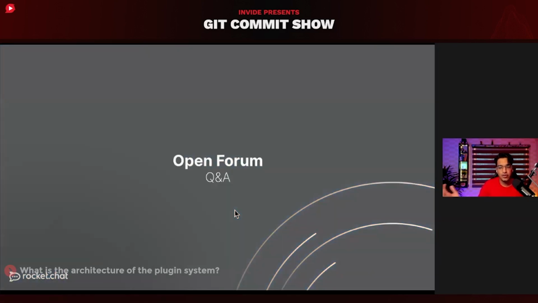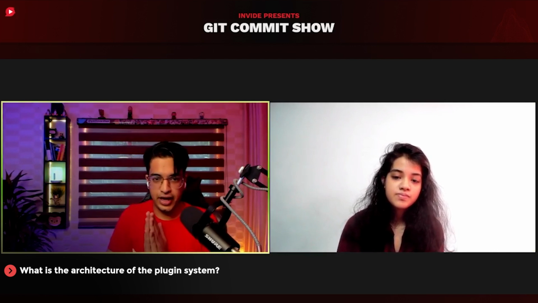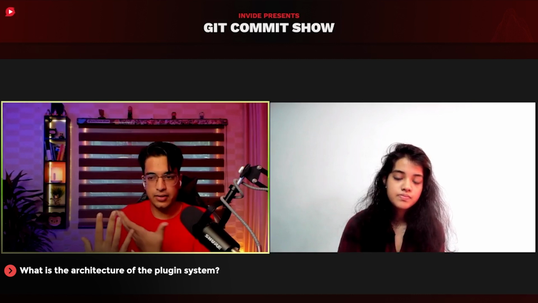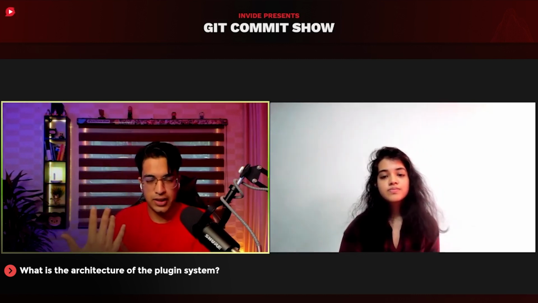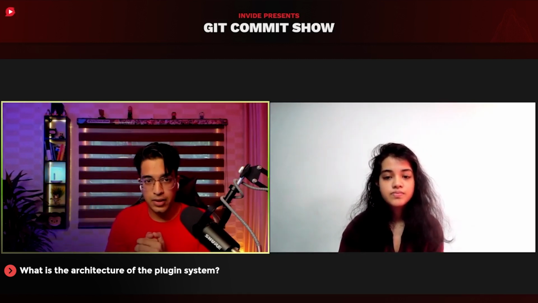Moving on to question and answers over here. Folks want to know about the architecture for the plugin system. As I told you, it's all Node.js. Everything we have is built on top of JavaScript. We have the backend in Node.js. This particular thing is built on top of Node.js VM.